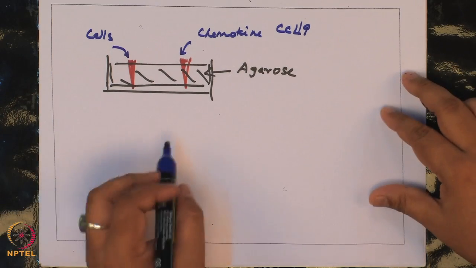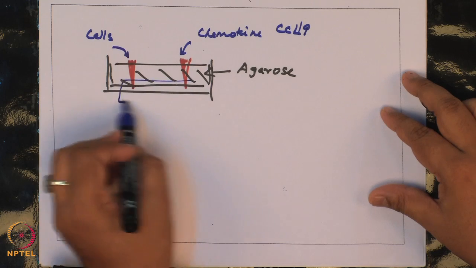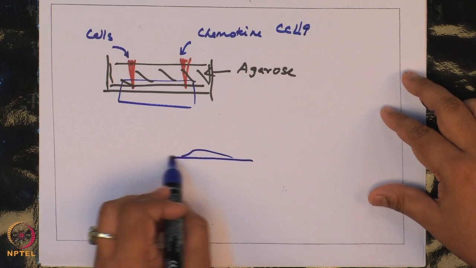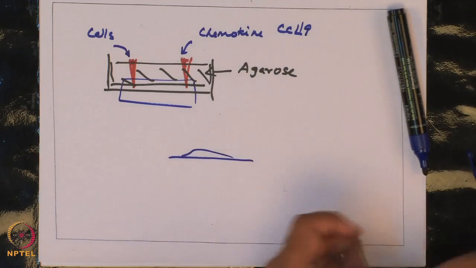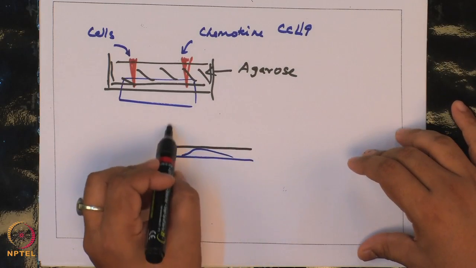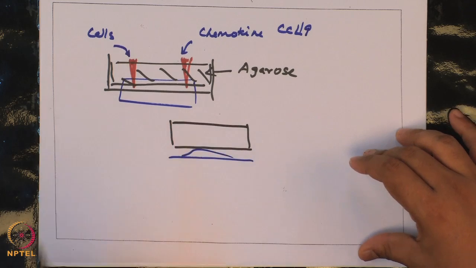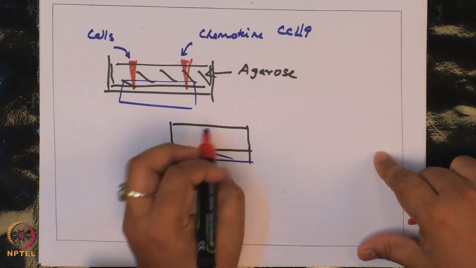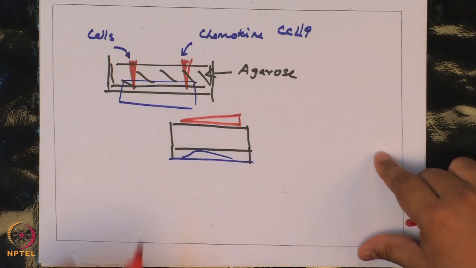So, in this setup, if I zoom in on this zone, what you have is a cell which is migrating under a layer of agarose. And under the influence of a chemokine, a gradient will be formed.